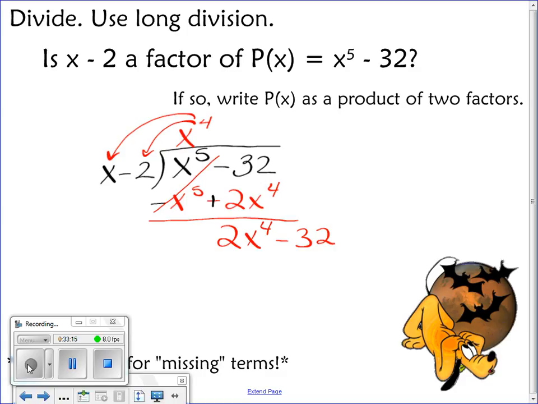Somebody tell me, what do we need to multiply by next? 2x cubed. So we need to pause this. We're going to do 2x cubed plus. So what do we get when we do 2x cubed times x? That's funny.